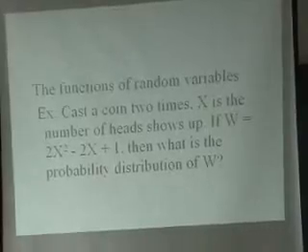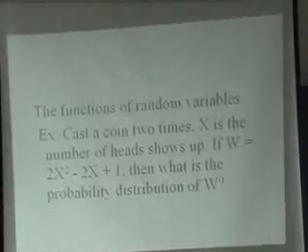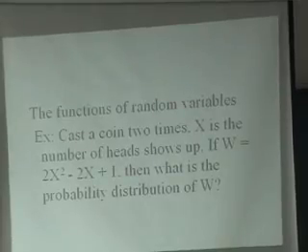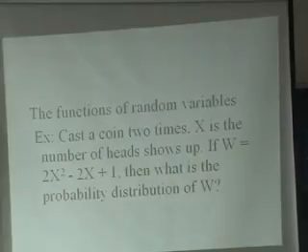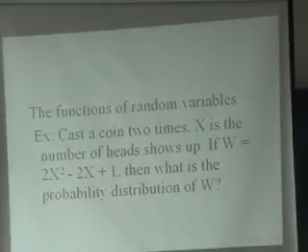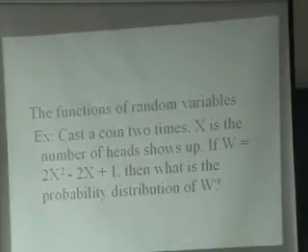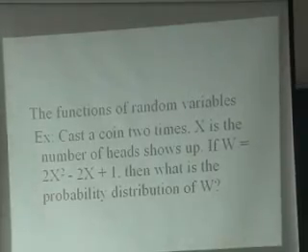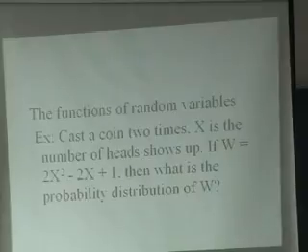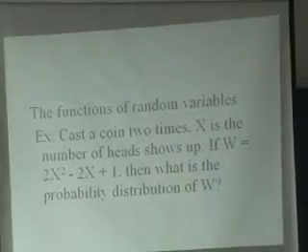And now we get to functions of random variables. Say you cast a coin 2 times and x is the number of heads that show up, and w is equal to 2x squared minus 2x plus 1. What is the probability distribution of w?